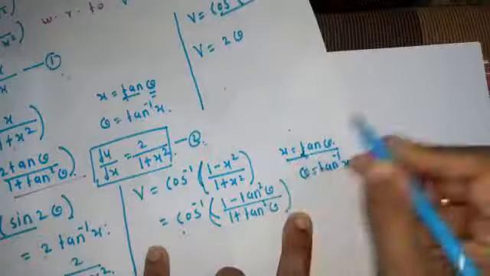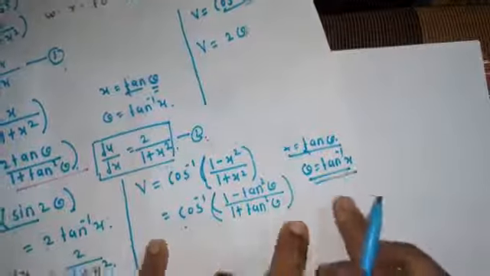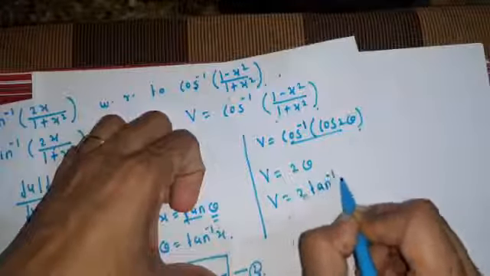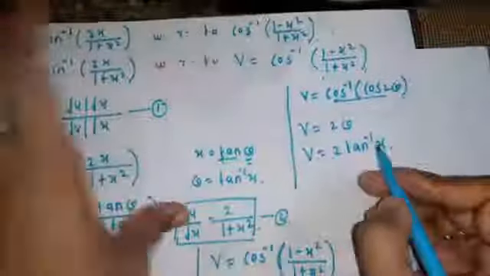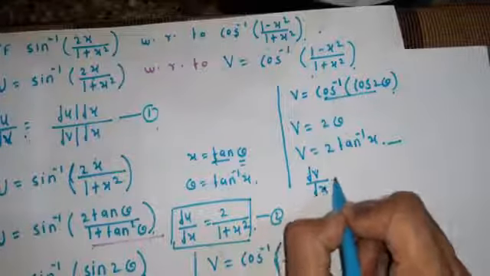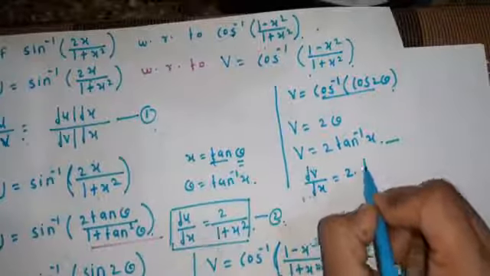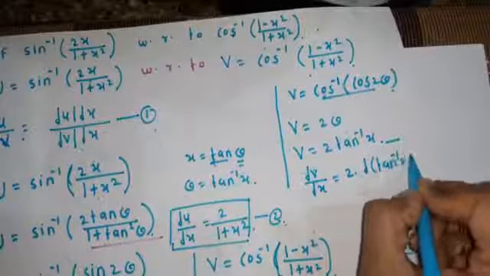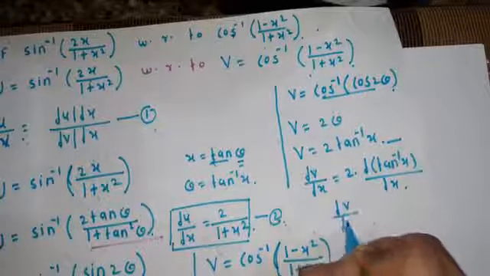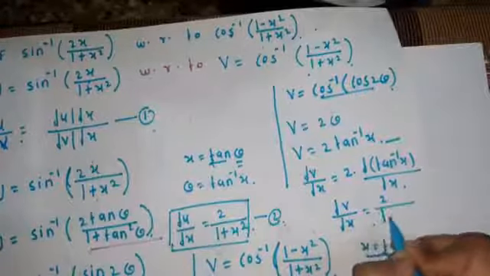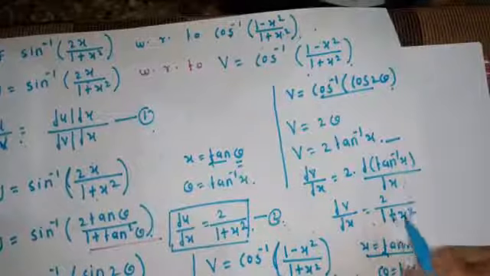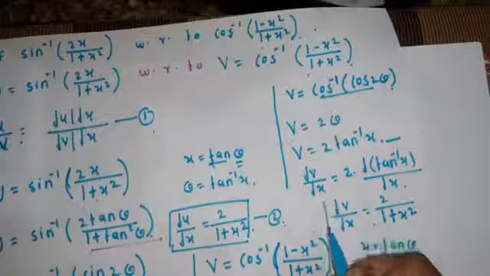So v equal to 2 into tan inverse of x, and now differentiate with respect to x. We get dv by dx equal to 2 as a constant times the differentiation of tan inverse of x with respect to x. Therefore dv by dx equal to 2 upon 1 plus x square. And this is 3.